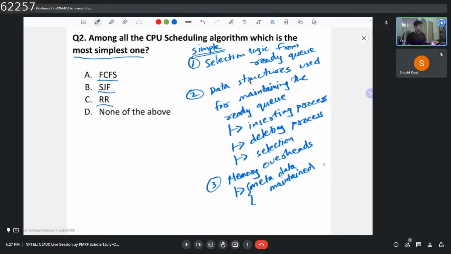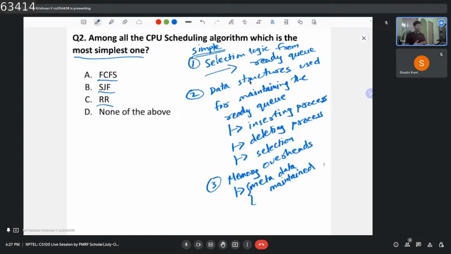And the selection logic: in SJF, how do you select a process from the ready queue? Whichever process has the shortest job gets selected from the ready queue. In a round robin, whichever process is next in that circular queue will be executed for that time quantum.